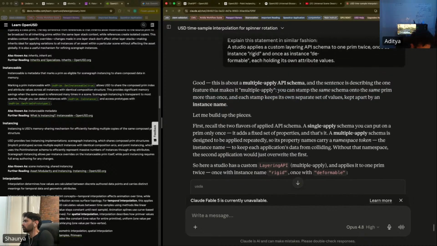A studio applies a custom layering API schema to one prim twice, each holding its own attribute values. This is our multiple-apply API schema. So the API schema is multiple apply, but a typed schema is not multiple apply. I did remember that for sure.